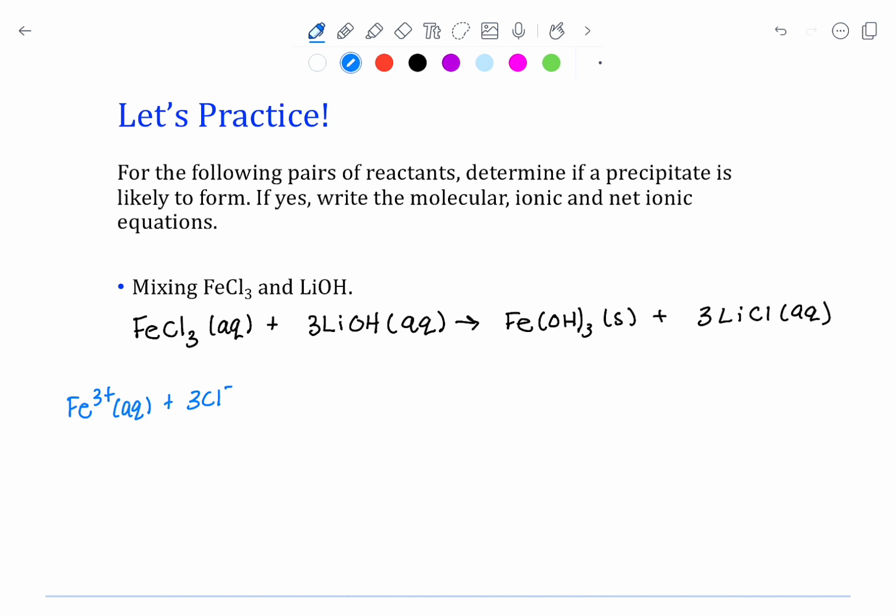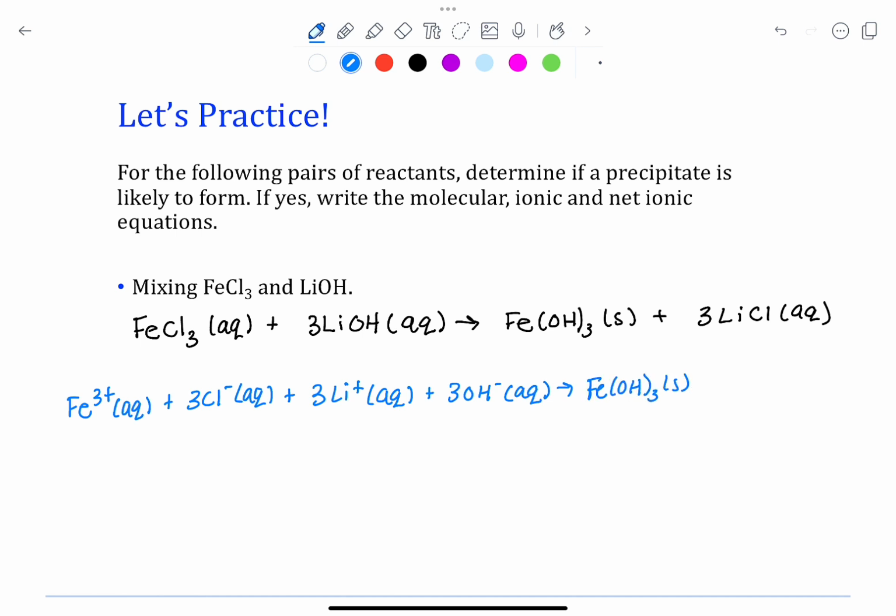plus 3 Cl-, plus 3 Li, plus 3 OH-. And that creates iron hydroxide, which we keep together because it's the solid, plus 3 Li plus 3 Cl-.